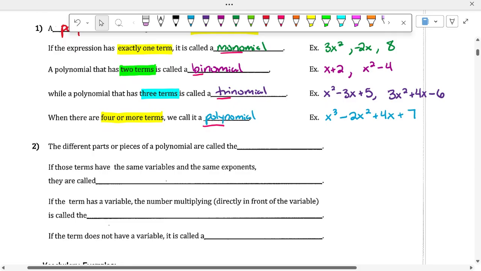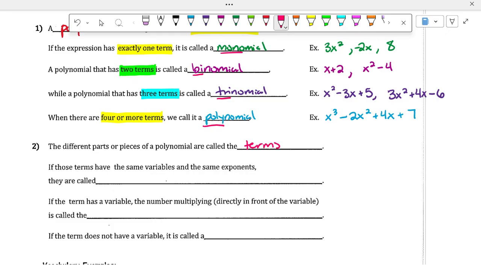Now, the different parts or pieces of a polynomial are called the terms, just like we said. If these terms have the same variables and the same exponents, we call those like terms. So they have to have the same variable, same exponent, exactly.